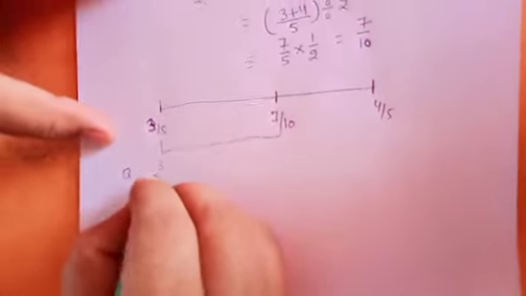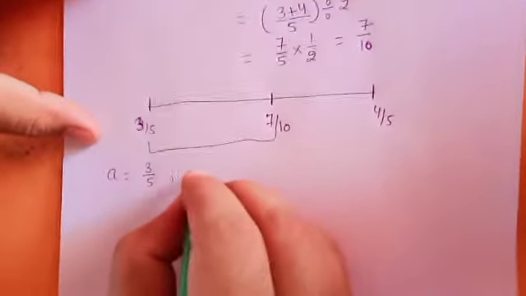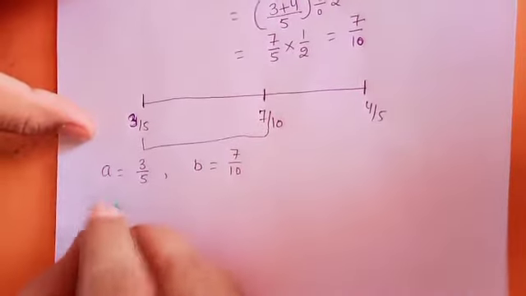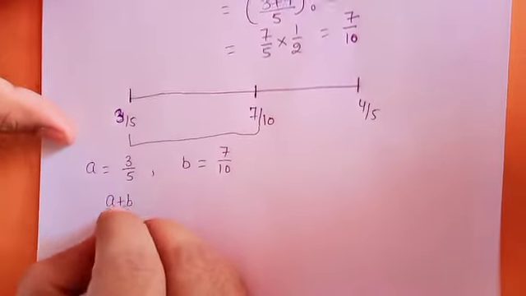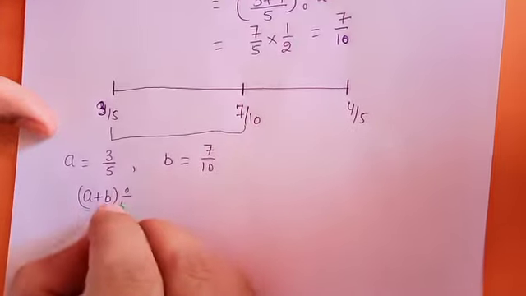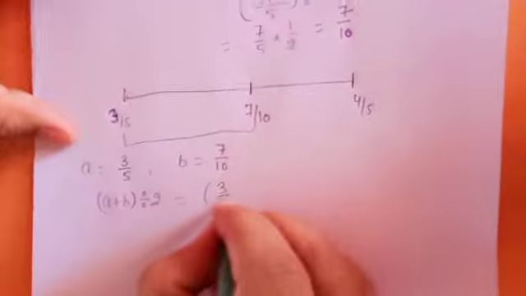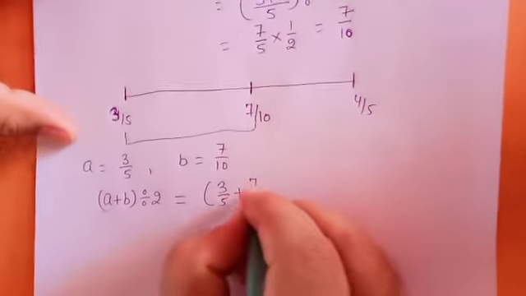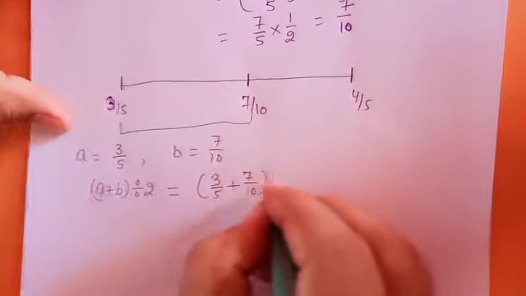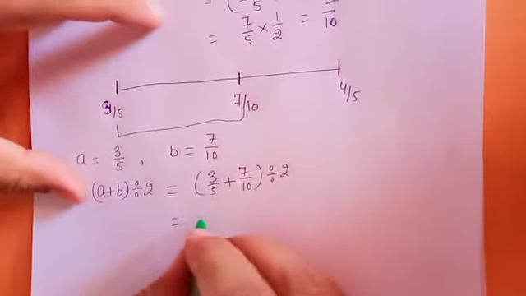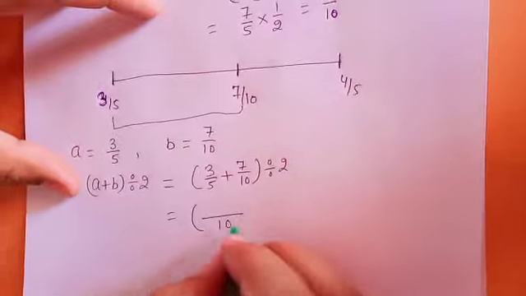Again, next, take these two. a equal to 3 by 5, b equal to 7 by 10. In the method you know (a plus b) divided by 2 is equal to 3 by 5 plus 7 by 10, divided by 2. So 10 is your LCM.